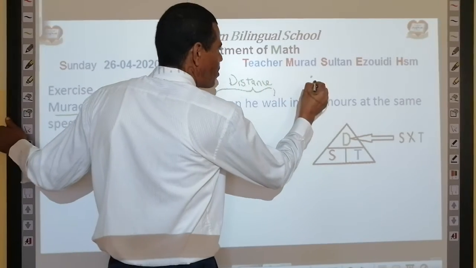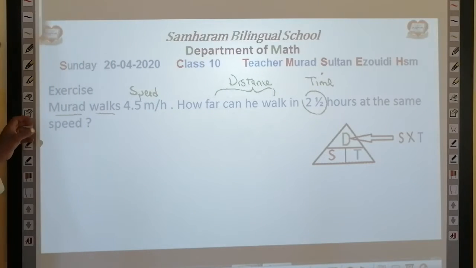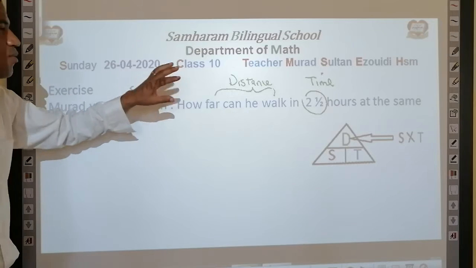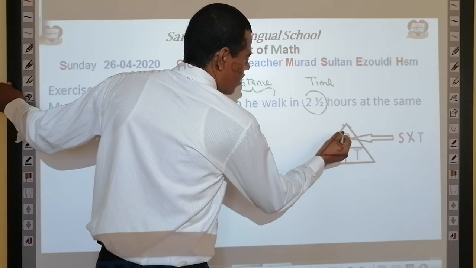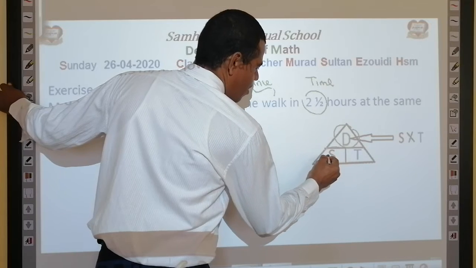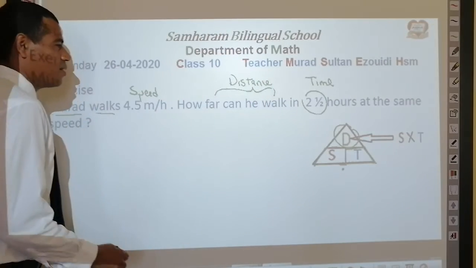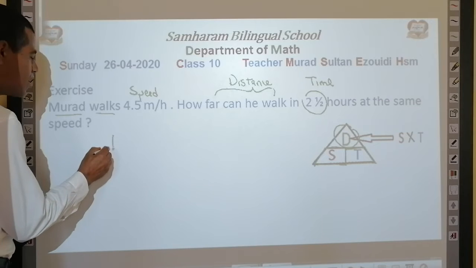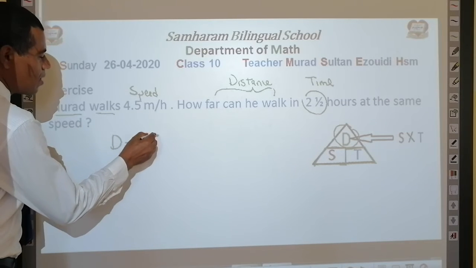And this one denotes the time. So now we try to find what exactly. We have the speed and we have the time. So we will use distance. Distance is the product of the speed multiplied by the time. So distance equals speed multiplied by time.